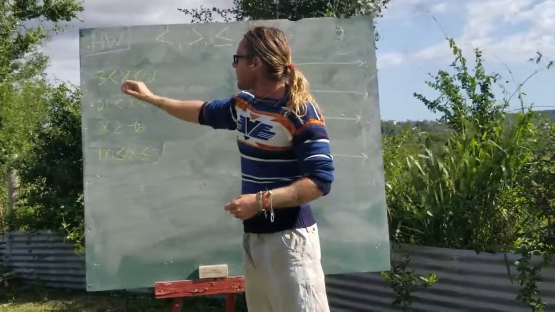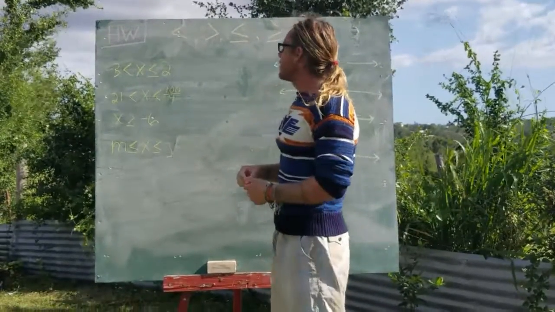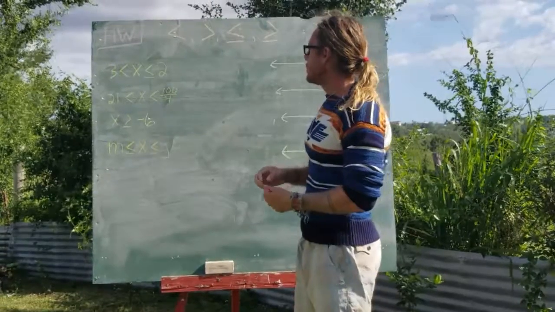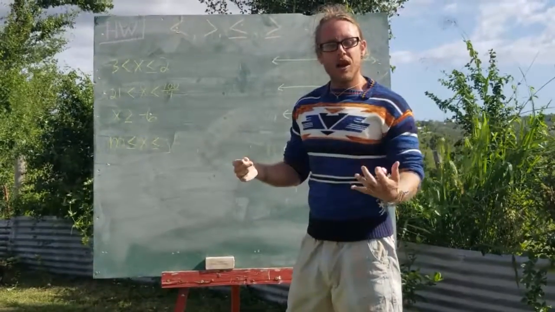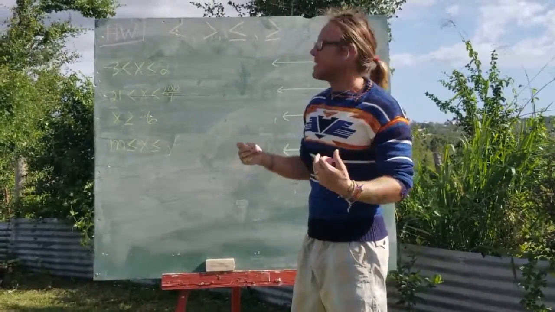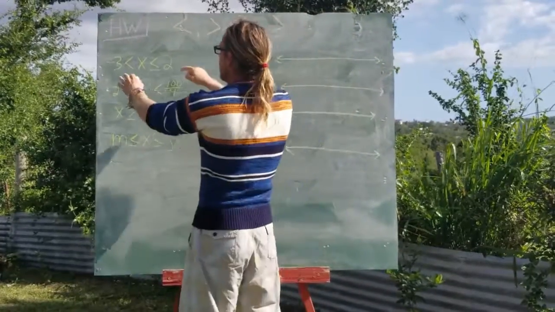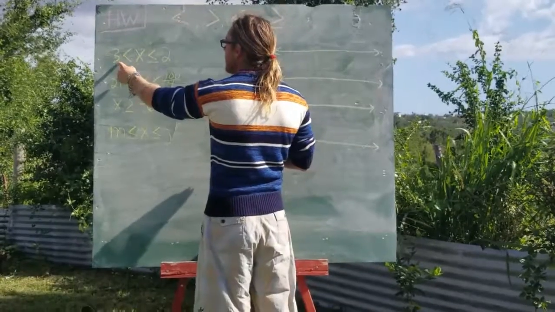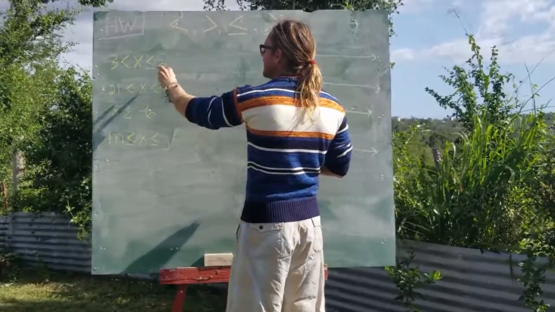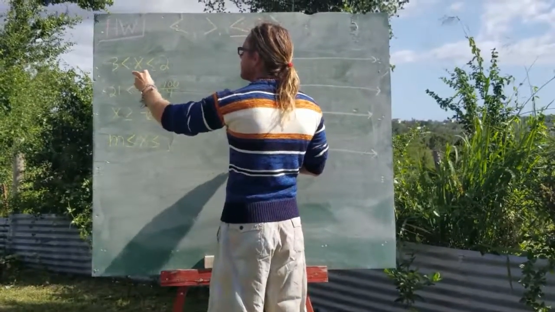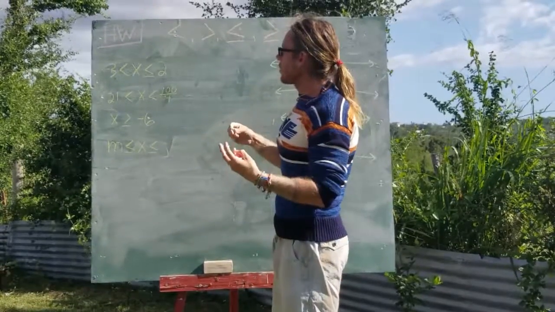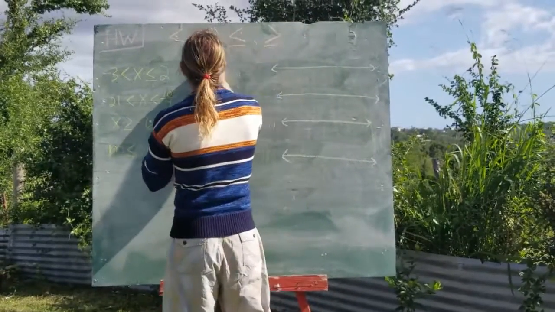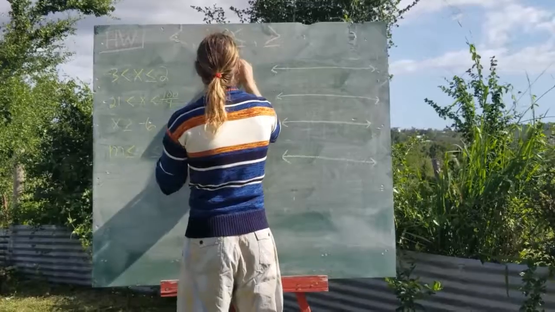So we have negative 3 is less than x, which is less than or equal to 2. So we want to describe the interval of all elements x. In this case, we have 2 endpoints, negative 3 and 2. X is in between those. So this interval will include all the real numbers between negative 3 and 2.